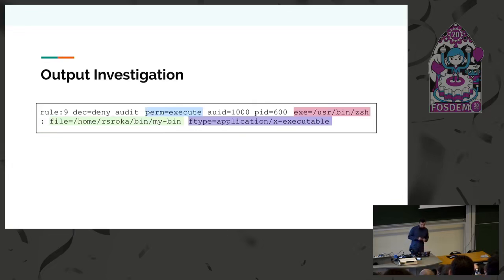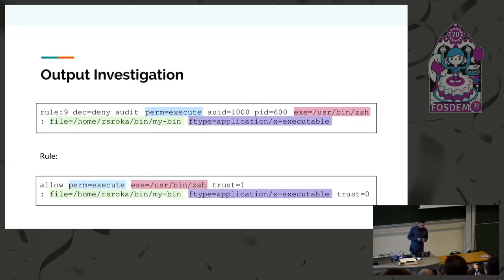So let's try to construct a rule from that. We want to allow this event that has permission execute with this subject, which is shell, and we would like to force that shell has to be trusted. Okay, that means it has to be installed from the standard repository, let's say.